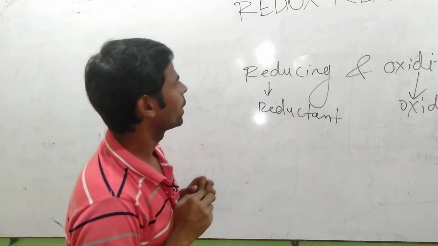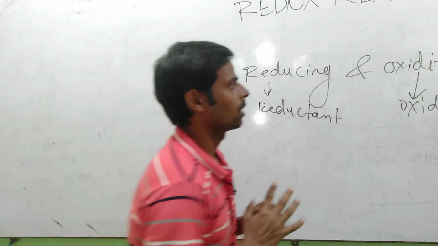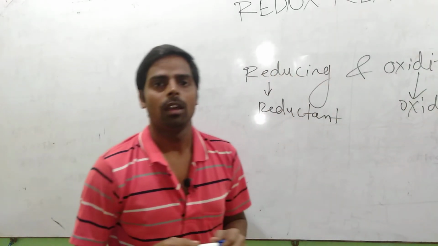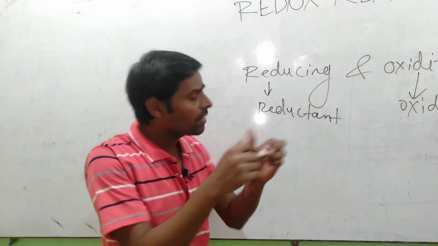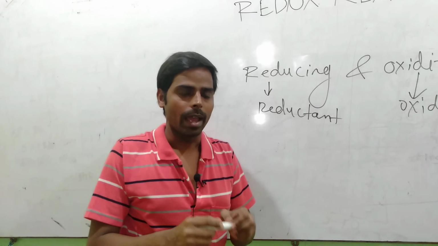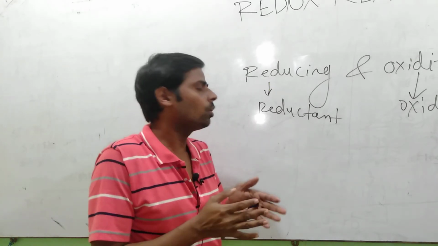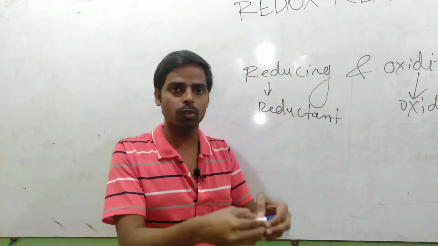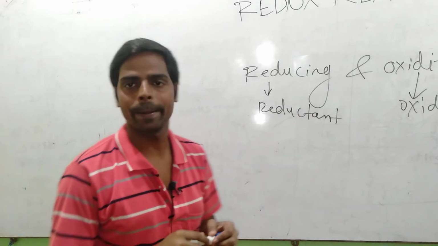What do you mean by reducing agent? Reducing agent means it is an agent which itself gets oxidized and reduces the other species. वो खुद ऑक्सीडाइज होता है, ऑक्सीडेशन में जाता है और किसी दूसरे स्पीसीज को रिड्यूस करता है. ओके, दैट इज माय रिड्यूसिंग एजेंट.